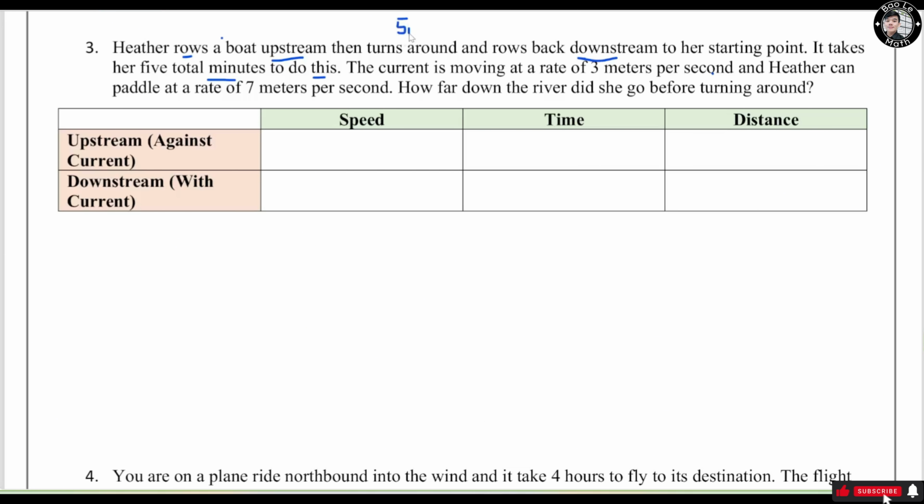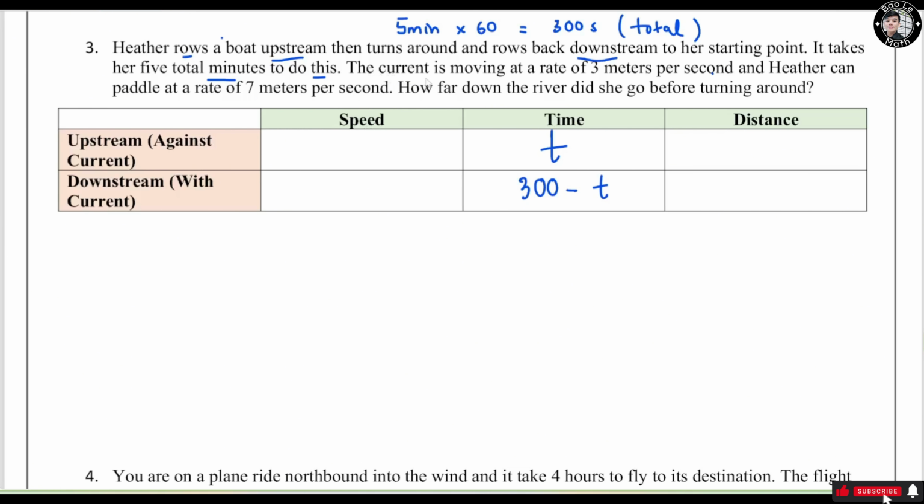So 5 minutes multiplied by 60, right? So it could be 300 seconds, right? And this one is the total time, right? Now let T be the time Heather rows upstream, right? And downstream should be 300 subtract T, right?